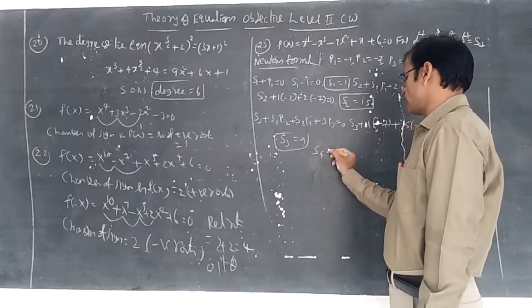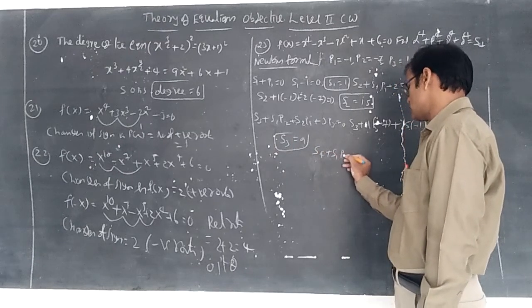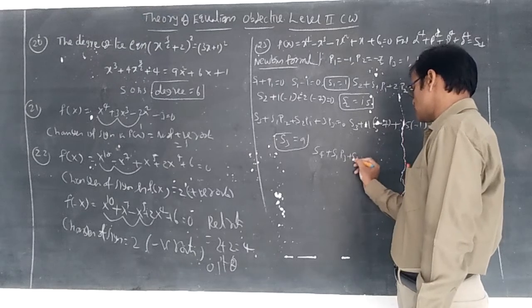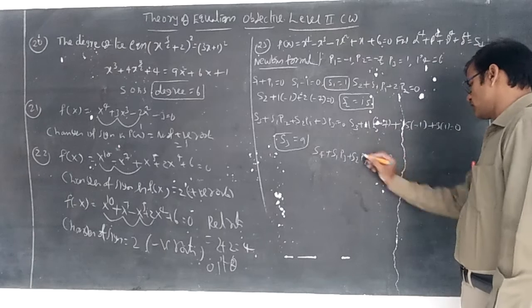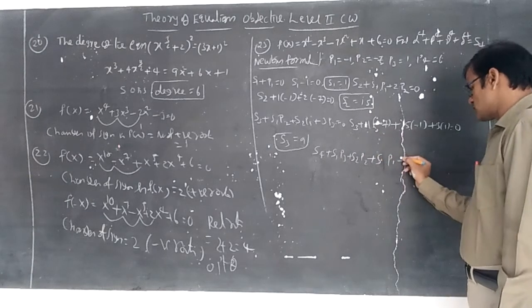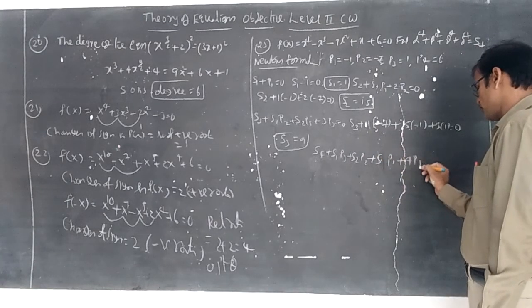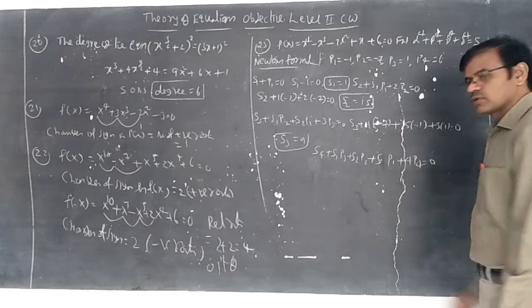Next let us write the formula S4 plus S1 P3 plus S2 P2 plus S3 P1 plus 4 P4 equal to 0.